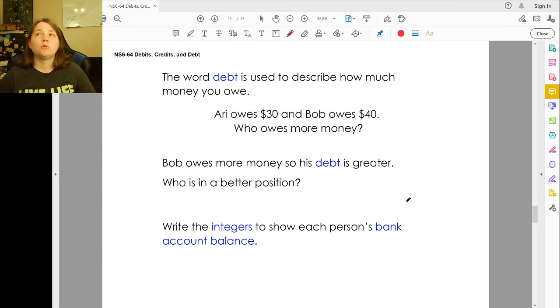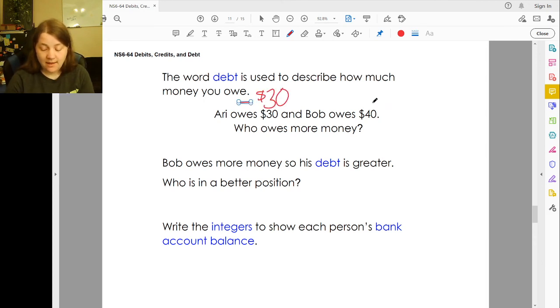Bob has more work that he has to do before he's in a good position of having nothing or more than nothing. Ari, on the other hand, only owes 30, has a debt of $30. So Ari would have negative 30 and Bob would have negative 40. That would be how we would show the debt.